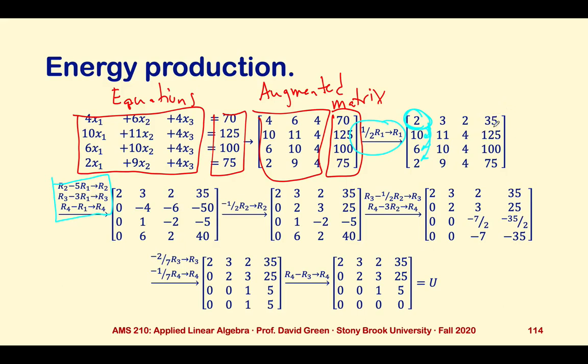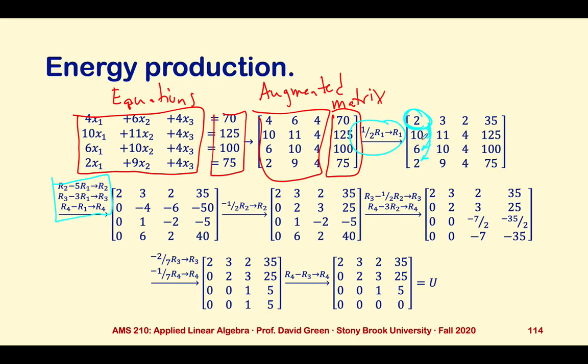So 125 minus 175 is negative 50. For the third row, 6, we're subtracting 3 times the first row. 6 minus 6 is 0. 10 minus 9 is 1. 4 minus 6 is negative 2. And 100 minus 3 times 35, which is 105, is negative 5.